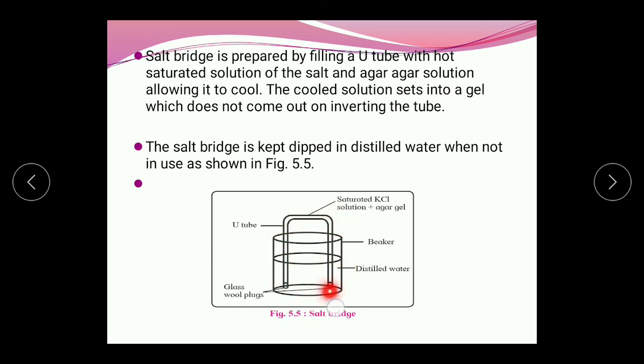And the mouth is closed by using glass wool plugs, like the cotton plugs we take. So when not in use, it is dipped in distilled water, and otherwise when in use it is dipped in the two different half cells and the half cells are connected. So this is the salt bridge.